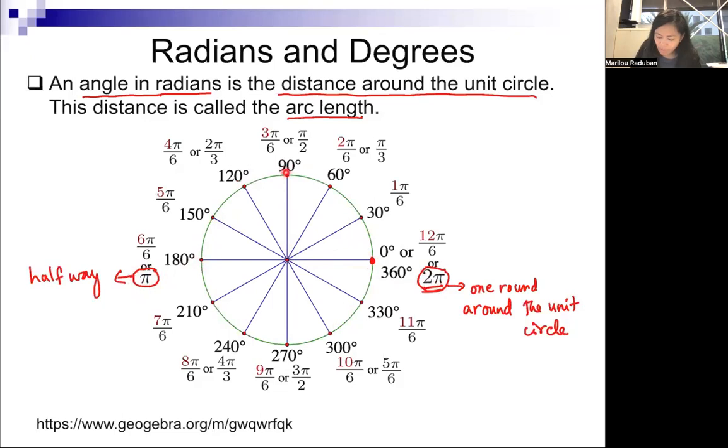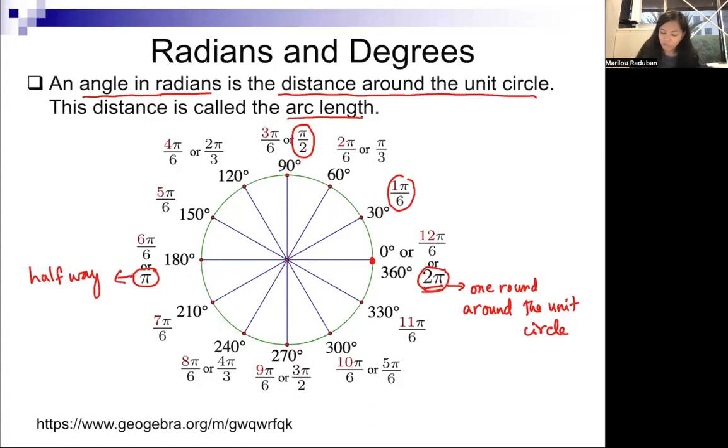Right, quarter of the way. If you go a quarter of the way around the unit circle, that will be 2 pi divided by 4, which is just pi over 2. And this one's like pi over 6.